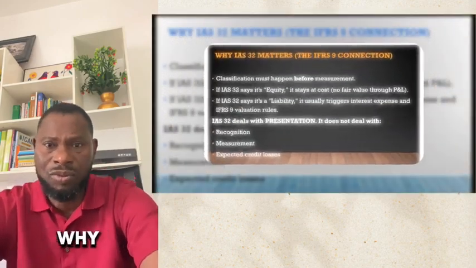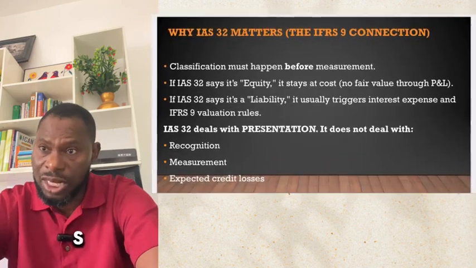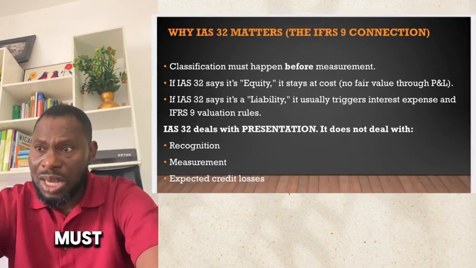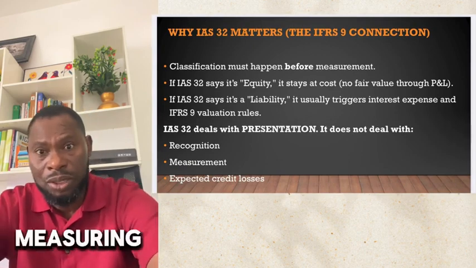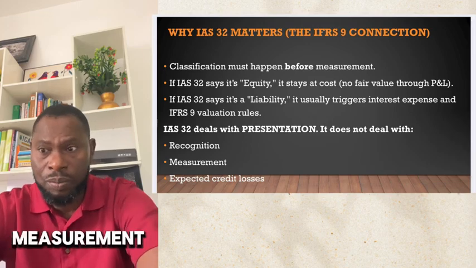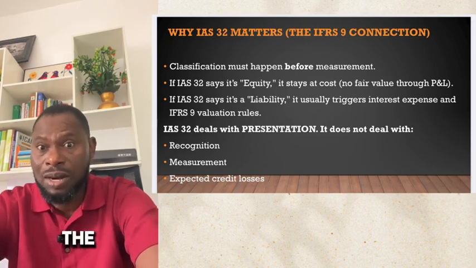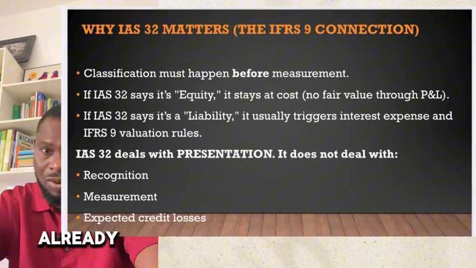Good. Now we're going to look at why IAS 32 matters. What is the connection to IFRS 9? Classification must happen before measurement. That is a fact. If you don't classify correctly, what you are measuring will be wrong. Your measurement may be correct, but you are measuring under the wrong category, and that is already wrong.